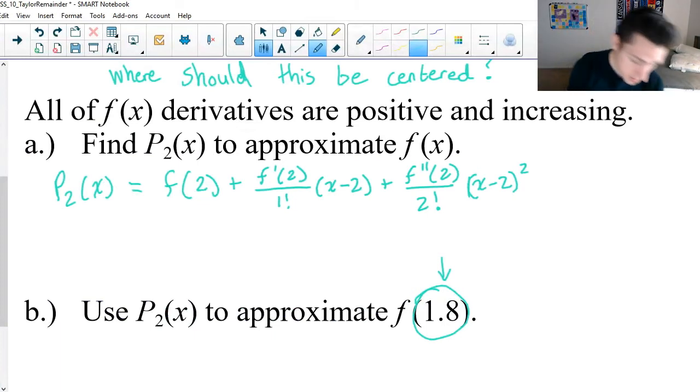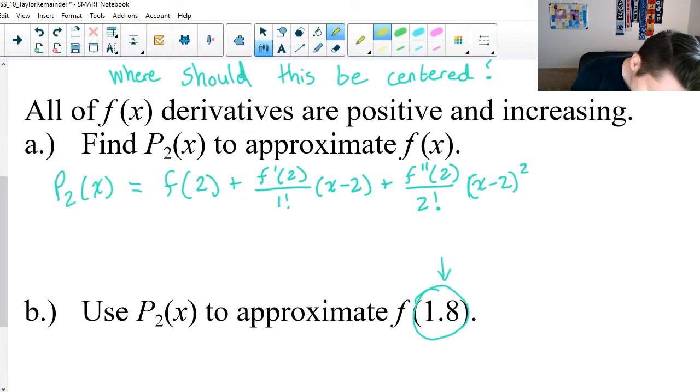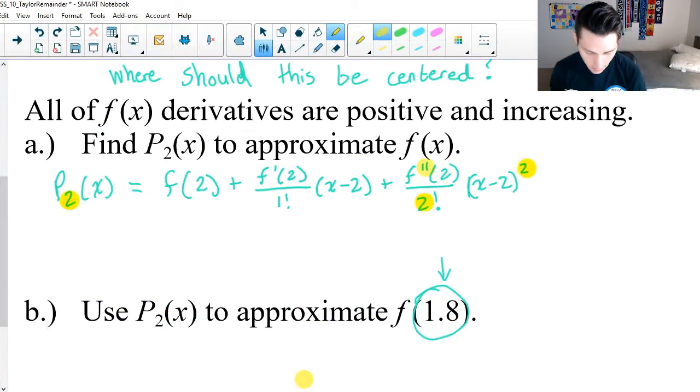All right, and I can just stop there. Because all I wanted was a second degree Taylor polynomial. So once I get to that term that has the second derivative divided by 2 factorial times x minus c squared, that's where I stop, because it specifically tells me to do a second degree Taylor polynomial.